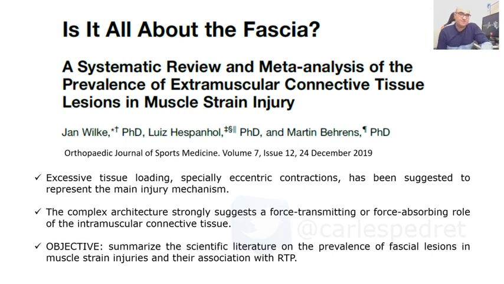Their basis is that excessive tissue loading, especially eccentric contractions, has been suggested to represent the main injury mechanism. Obviously, we agree on that. The complex architecture strongly suggests a force-transmitting or force-absorbing role of the intramuscular connective tissue. Again, we agree on that, on the importance of the muscle architecture and the extracellular matrix.